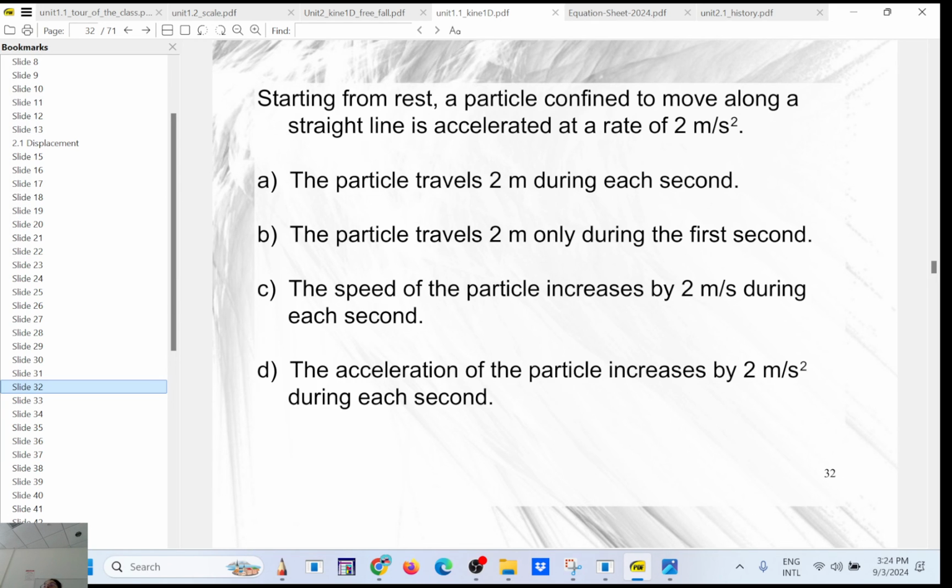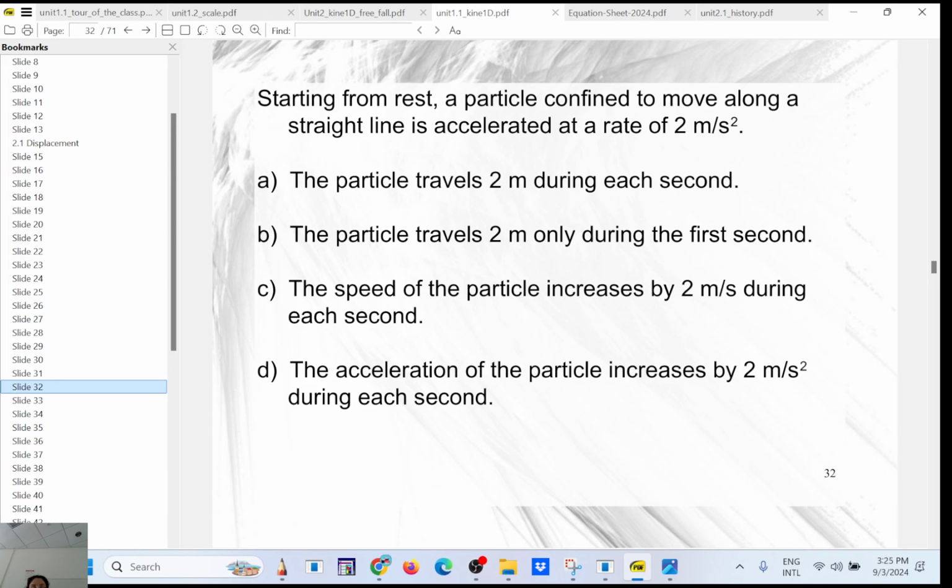C. Very good, right? A means a constant speed. Every second, it's going 2 meters. That doesn't tell us anything. If the rate is constant, that means the speed is increasing by 2 meters per second every second. So 2 meters per second per second.